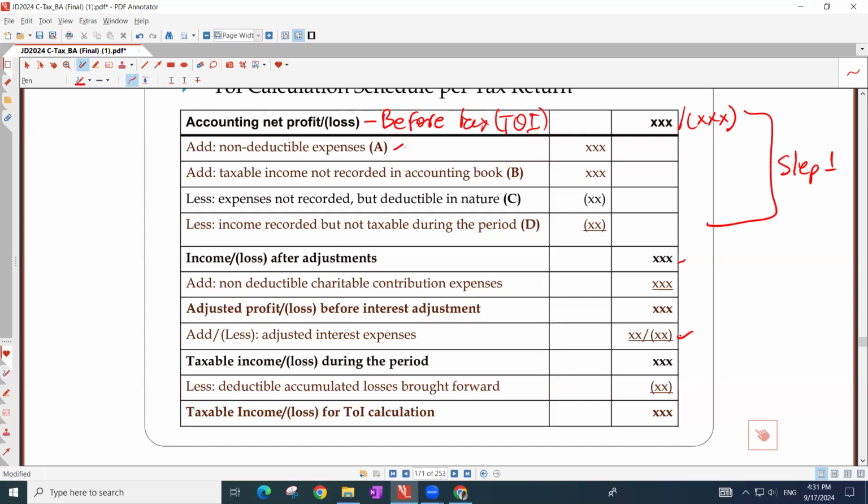But if you have maybe a loss here, what is your maximum deductible interest expense? Because you have a loss, the 50% of net non-interest income will be zero. The maximum will equal the interest income.